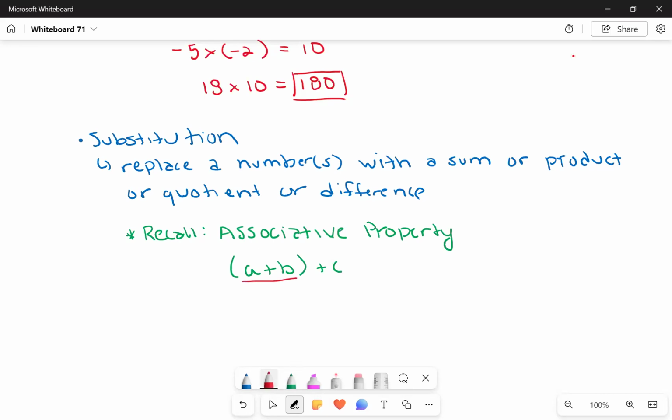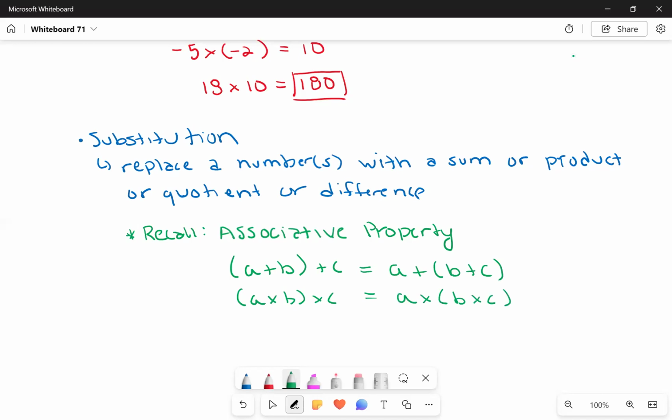You would add those two numbers first and then do plus C. The associative property says that we can actually switch the order, as long as all of these are added, and instead we could add B and C. So we can literally move parentheses for addition. It also works for multiplication, so we can move which numbers we'd like to multiply first.